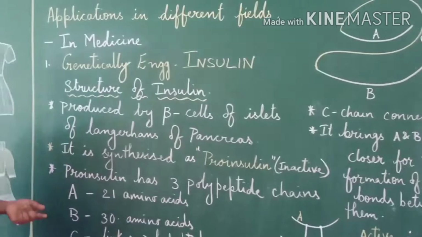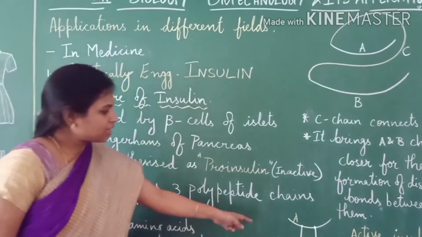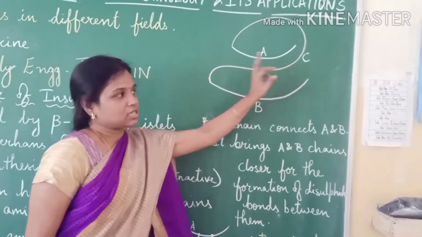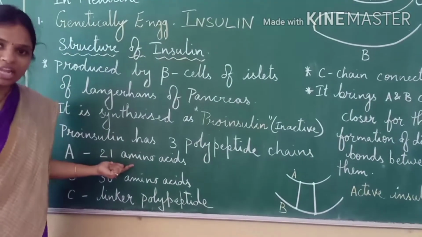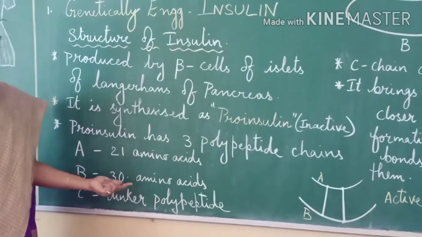This proinsulin has three polypeptide chains: A, B and C. The A polypeptide chain consists of 21 amino acids. B consists of 30 amino acids.